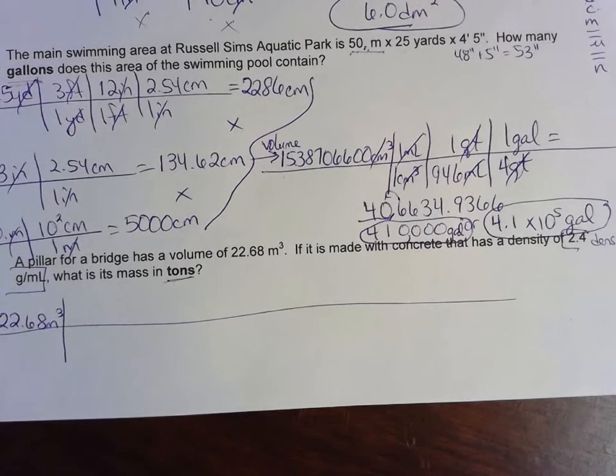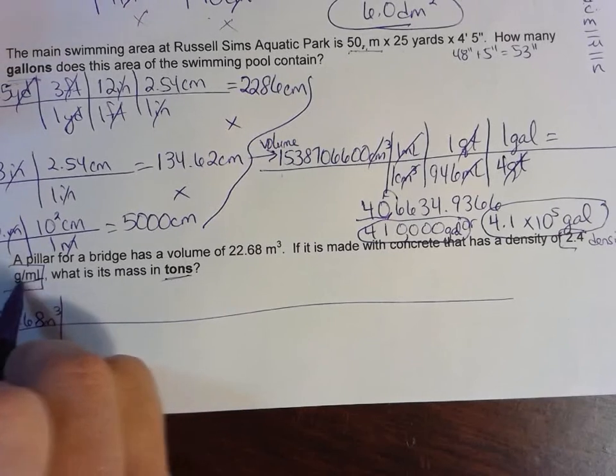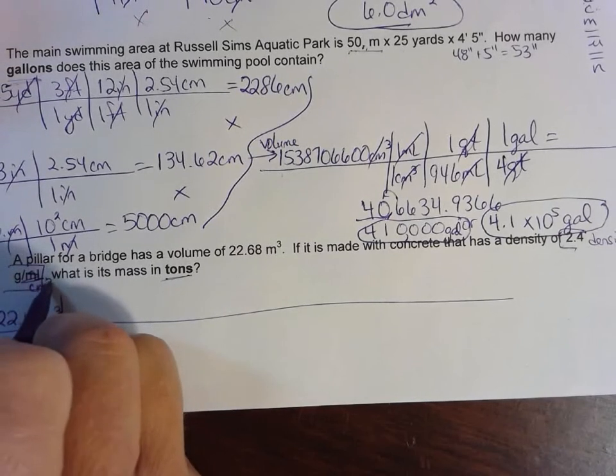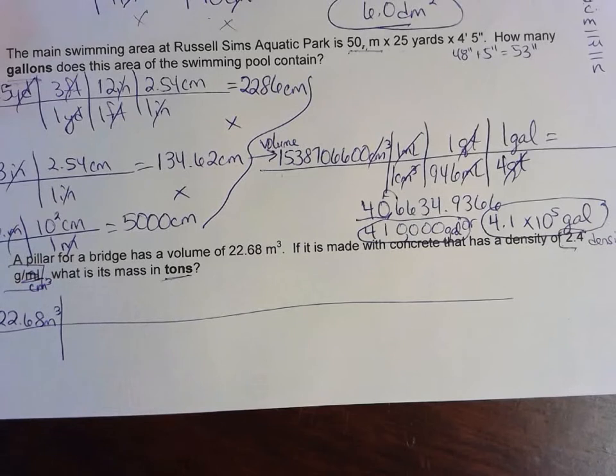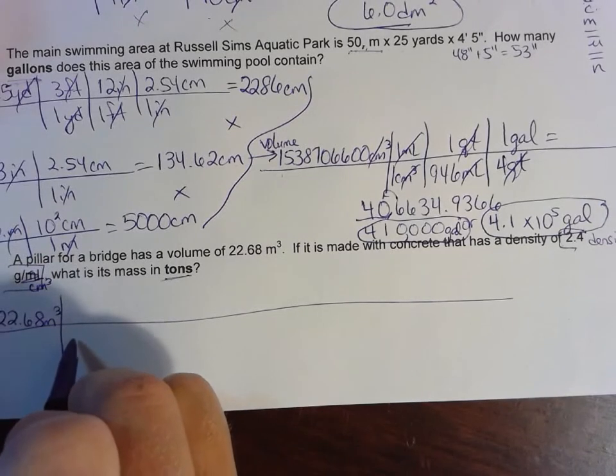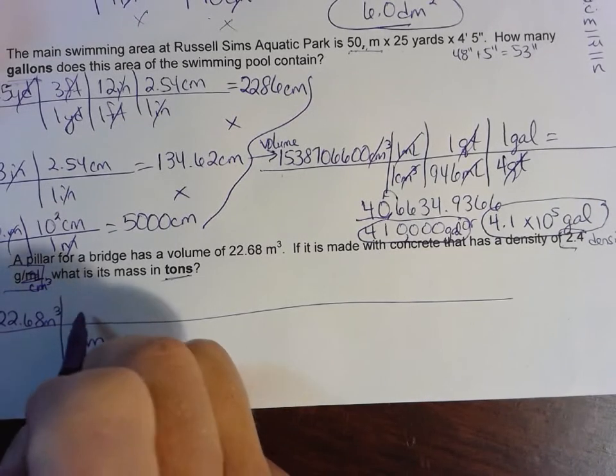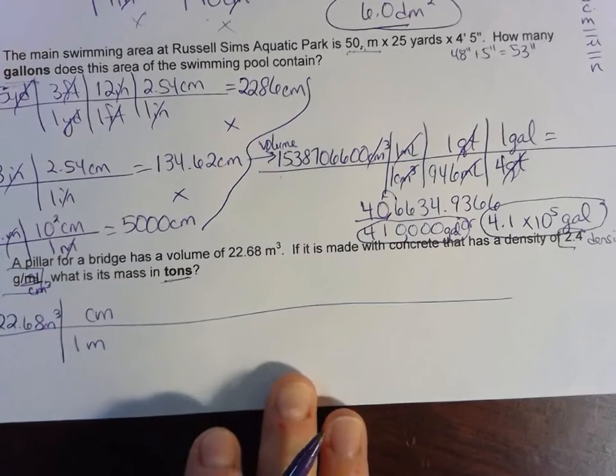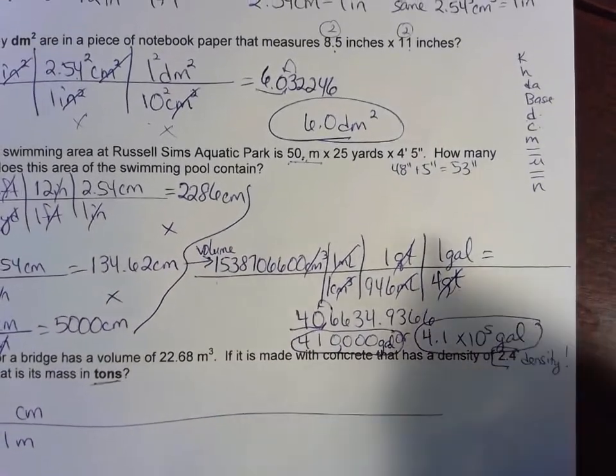Why will I want to take this to centimeters cubed? Because I remember that milliliter is the same as centimeter cubed. If I wanted to, I could actually save myself a step and scratch out milliliters and put centimeter cubed there. So meter is bigger than a centimeter. I'm going to go back up to my scale here.